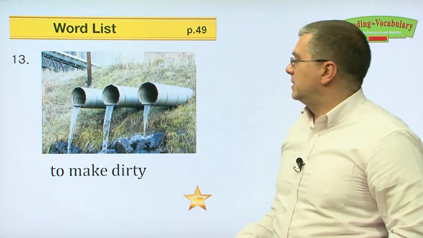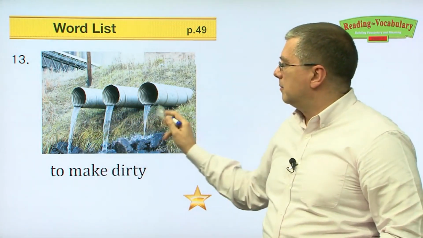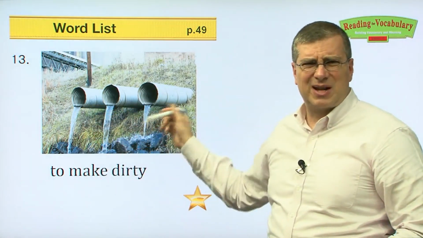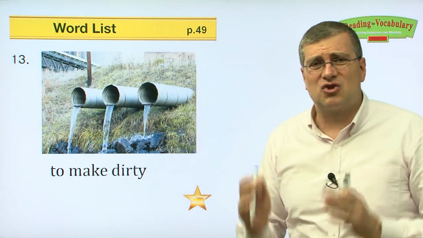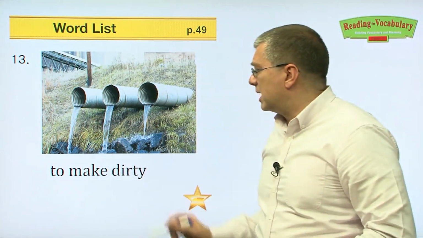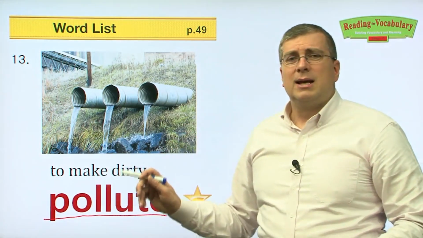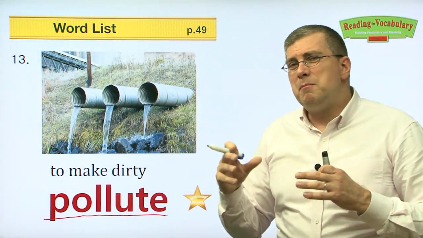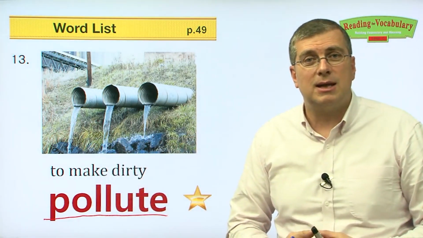Okay, number 13, to make dirty. Imagine that this is not water. Maybe this is some chemical that's coming out of these pipes into the stream. It's making the stream or the river dirty. What is it doing? It's polluting. So when we make the environment dirty, we are polluting the environment.